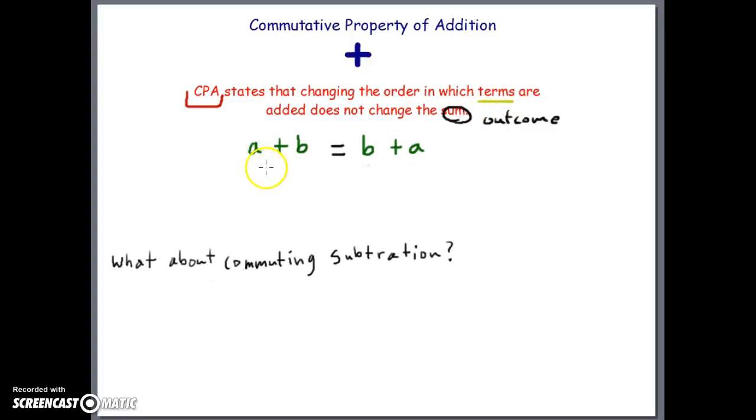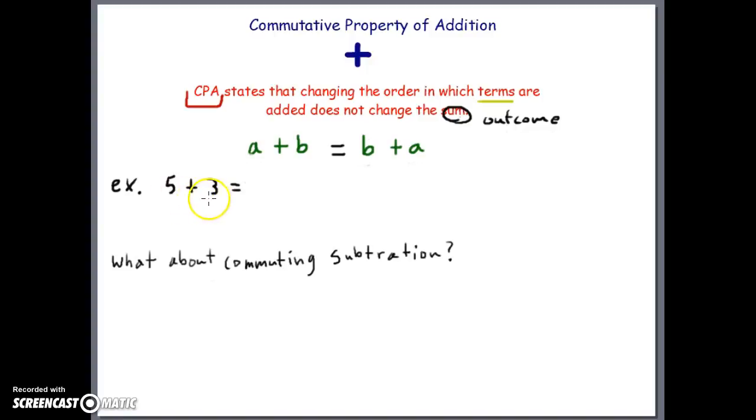The math definition for the commutative property is a plus b. If we add a to b, it's the exact same thing as, it's equal to, adding b to a. We can test this out with any numbers that we want. Let's choose simple numbers so we can get a better understanding of what this property is.